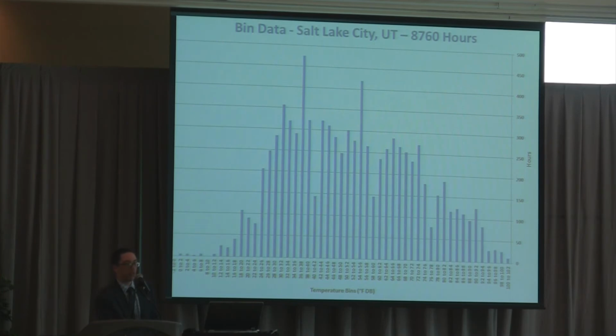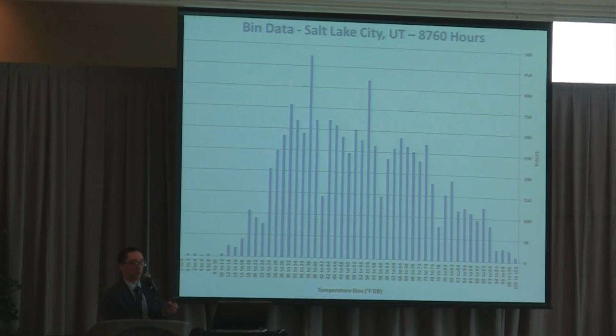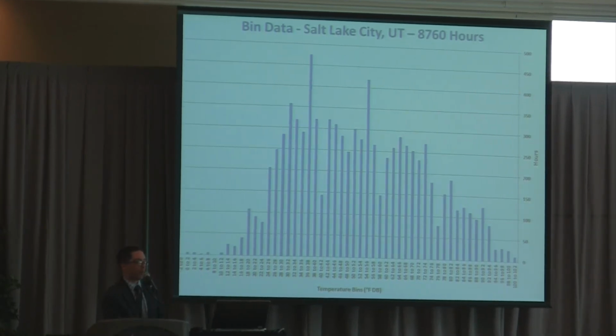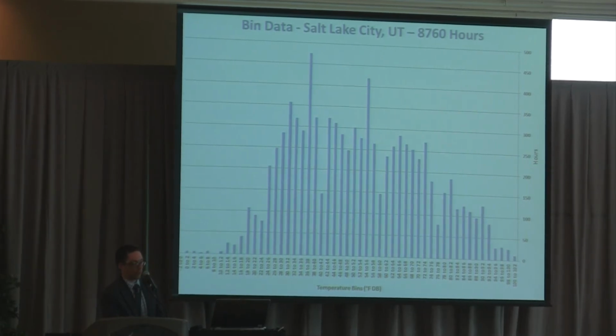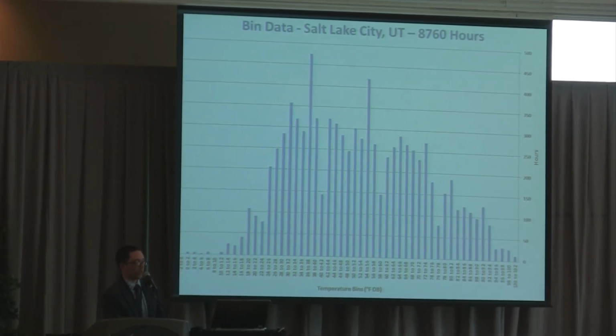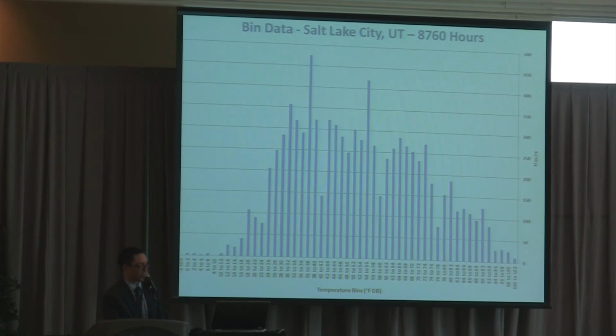Okay, the reason that all this works so well has to do with the distribution of temperature over the course of the year. This is data showing if you took all of the hours of the year, recorded the temperature, and then sorted those hours by temperature band. This is a graph of what that would look like. How many hours per year is at each temperature range in Salt Lake City?